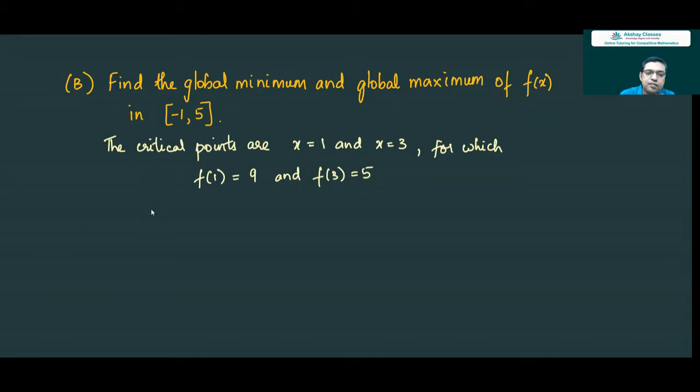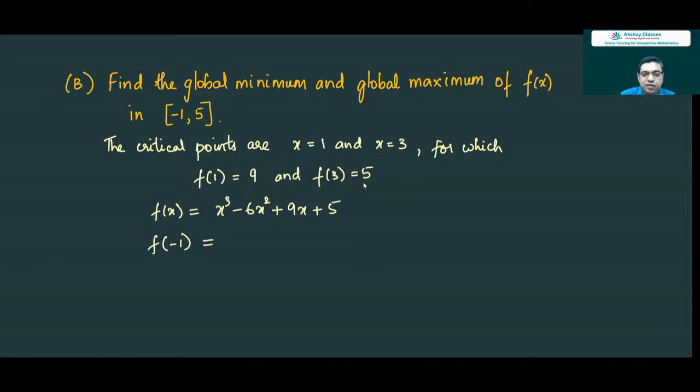Now, f of x is x cubed minus 6x squared plus 9x plus 5. We will find f of minus 1 at the boundary.